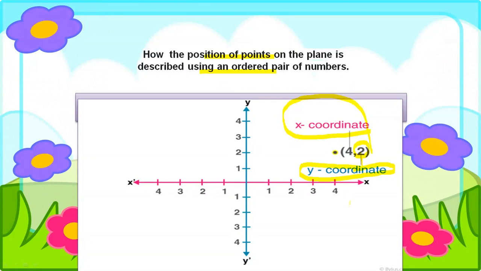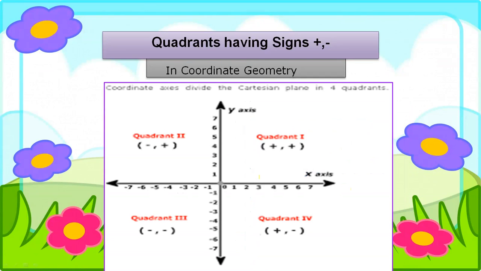Remember it, don't forget it. And they will always give it to you in a round bracket with a comma between them. Okay, so let's move on and use some different numbers. But first of all, you have to understand the strategy where you have to plot these numbers.